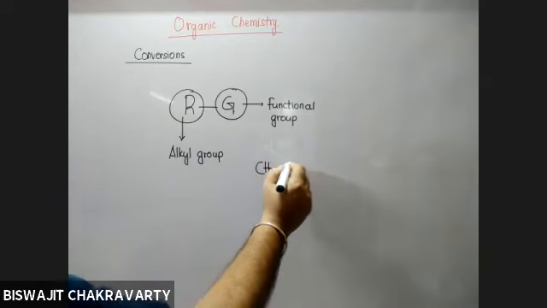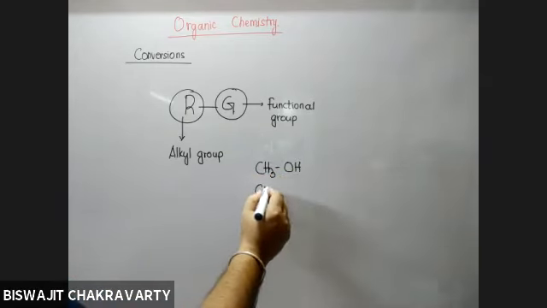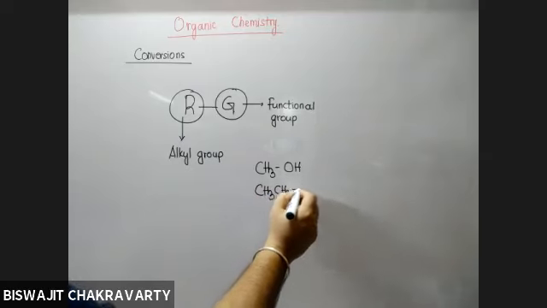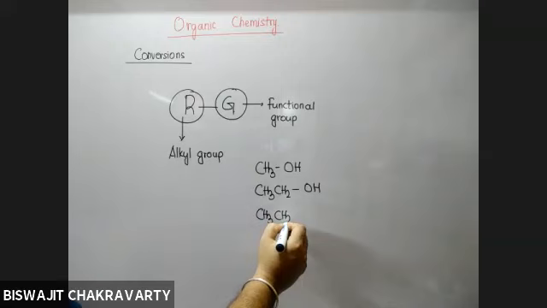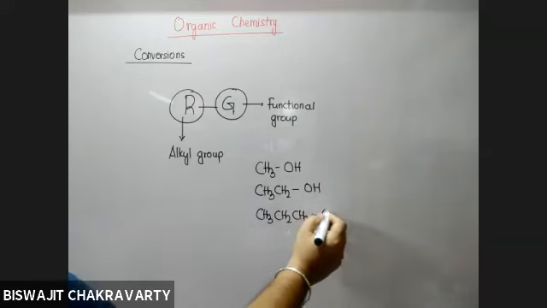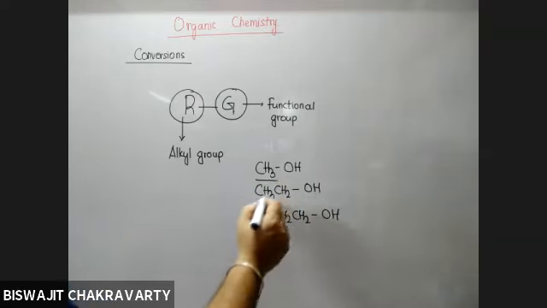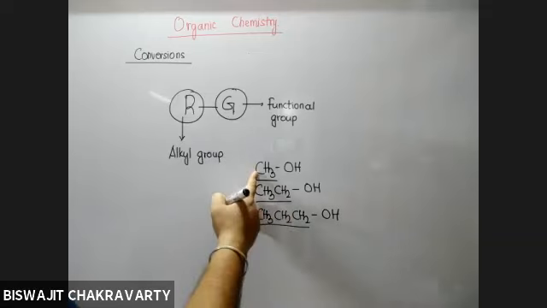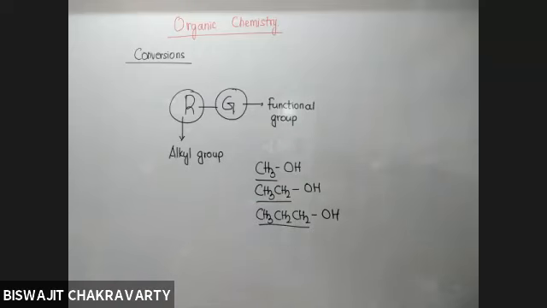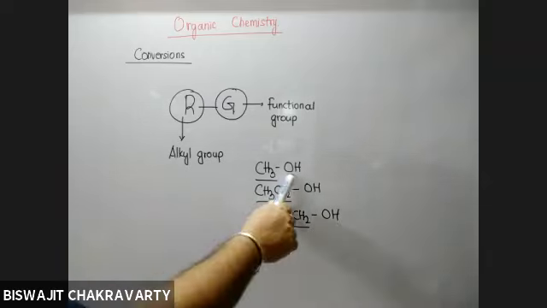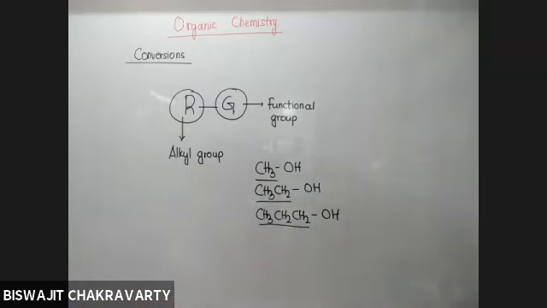CH3OH, CH3CH2OH, CH3CH2CH2OH. They all have different alkyl groups. This is a methyl group, this is an ethyl group, this is a propyl group, but all of them belong to the same family because all of them have the same functional group, that is the OH group, which we call alcohol.